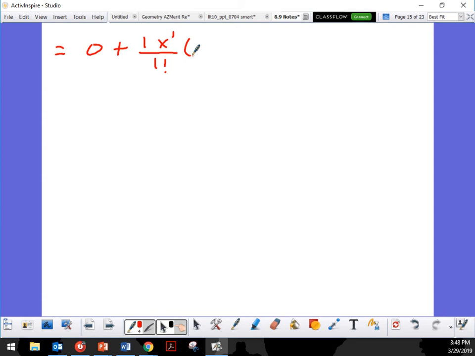It's going to be x minus pi over 2 to the, this one's actually 1. Yeah, that's the reason why I actually said it like that. To the 1.